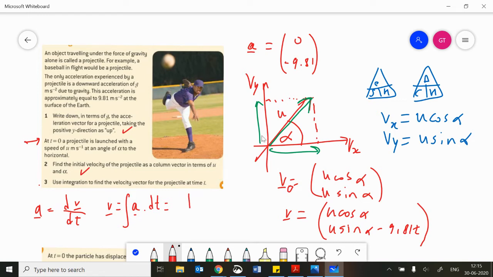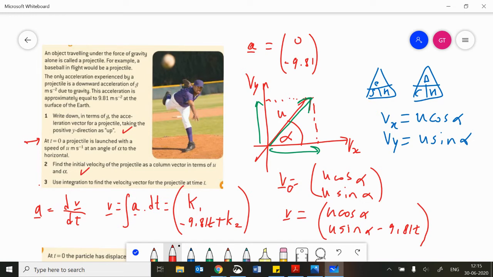I'm going to call that k1 because c1 turns up later. And if I integrate the second part, I get minus 9.81t plus k2. Now you can see how this is similar to this.